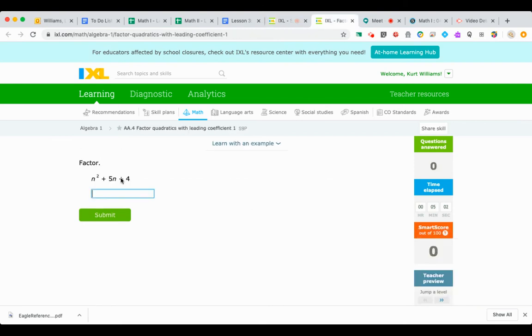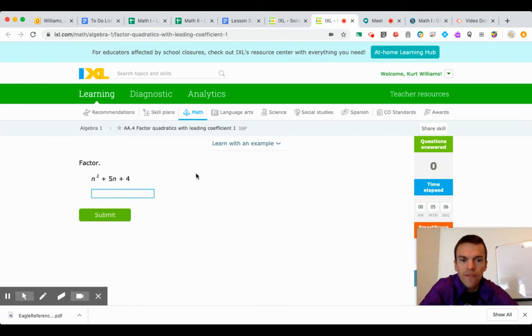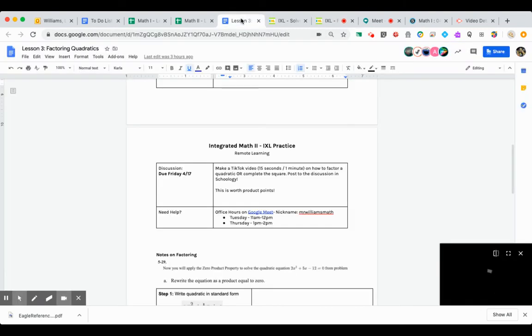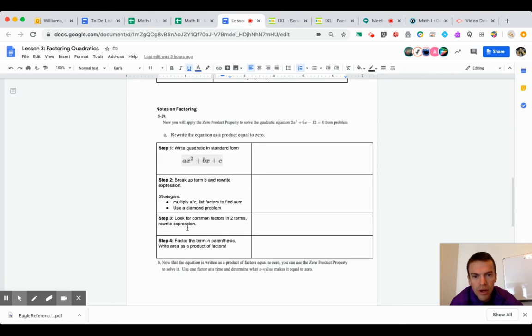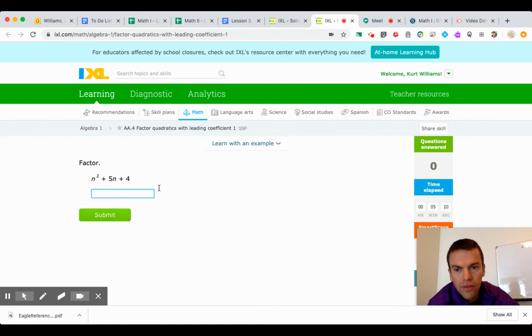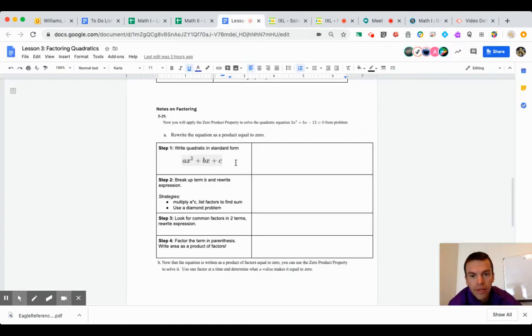This is factoring. To remember our factoring rules, I included our notes on factoring at the bottom of the lesson. We're going to write it in standard form, and this is already in standard form for us. The next thing we want to do is break up term b and rewrite the expression.